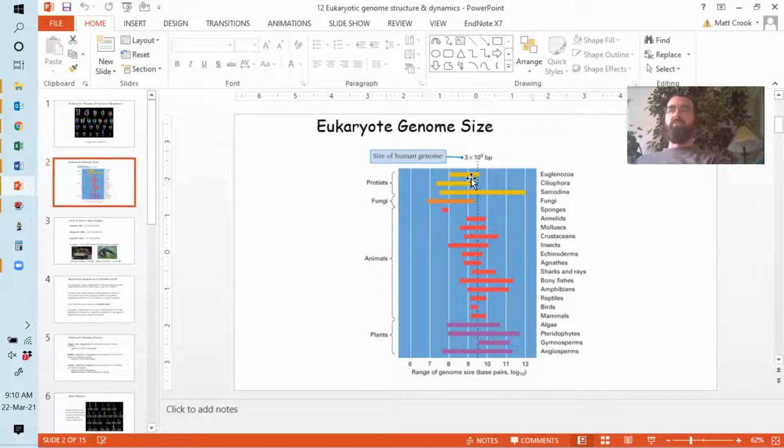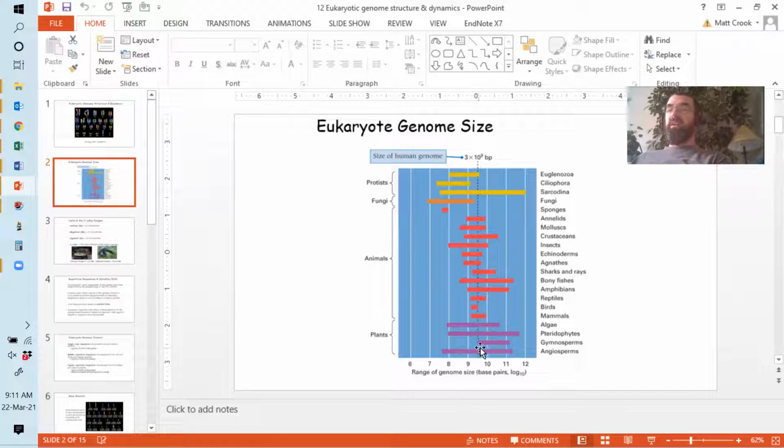I'm not much of a taxonomist, right? But we're at the upper end of whatever euglenozoa are. I don't know. Small things because they're protists, right? Unicellular organisms, right? So in terms of our genome size, we're not particularly remarkable, right?